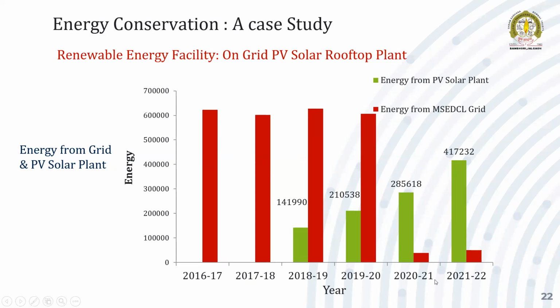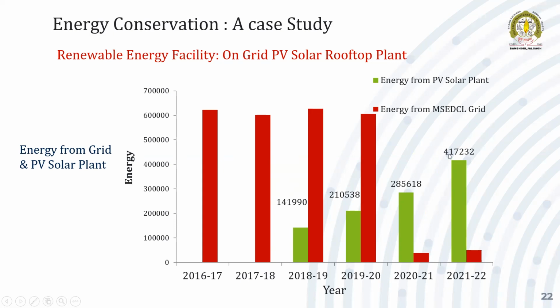In 2021, the pandemic period, no doubt we had a large amount of energy generation, and the energy from the MSDCL is very small. In 21-22, the third plant of 100 kilowatt peak capacity was installed. So the total capacity became 295 kilowatt.